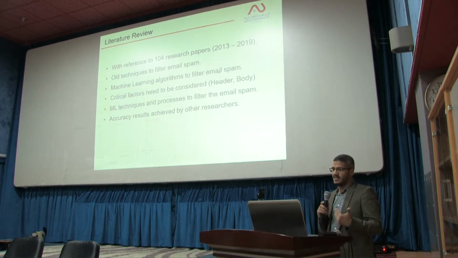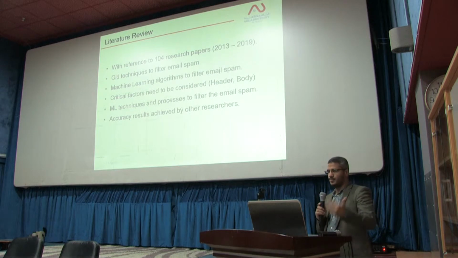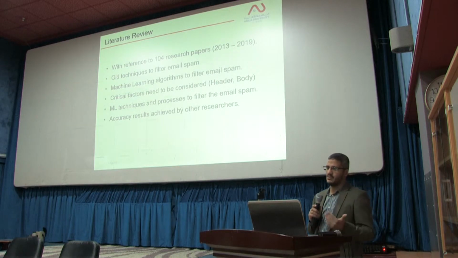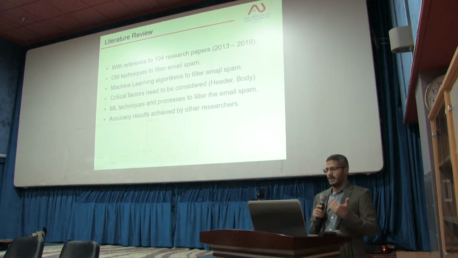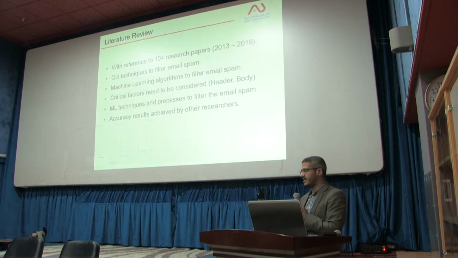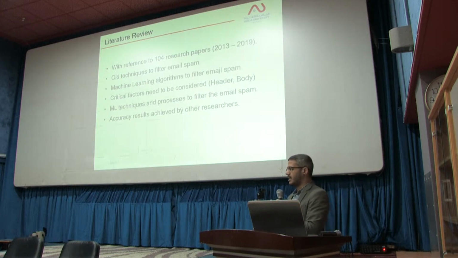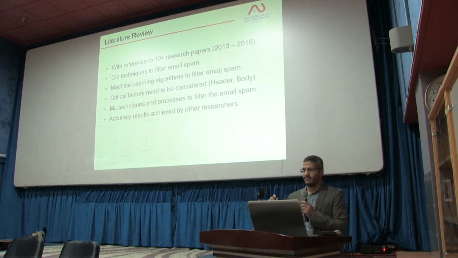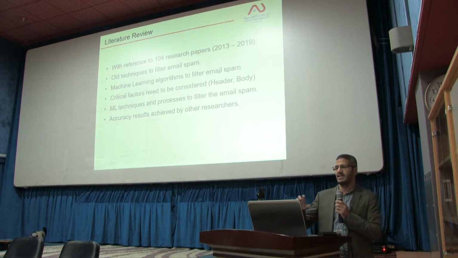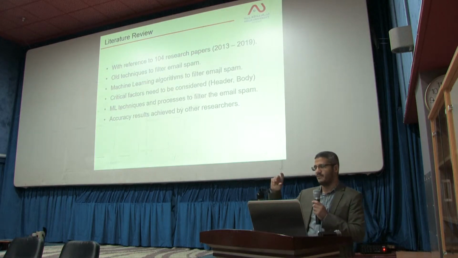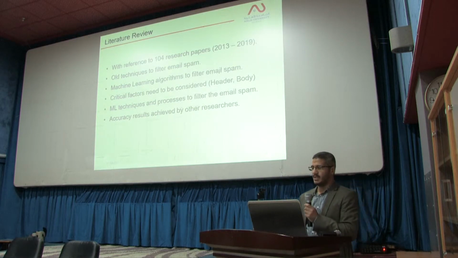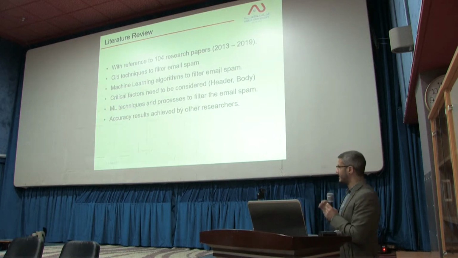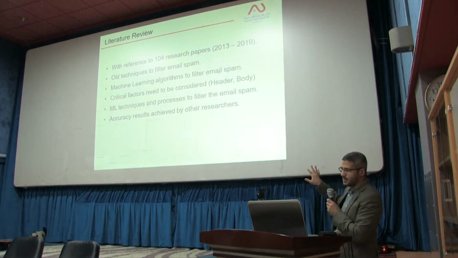So researchers are trying to improve the techniques used by machine learning. Through the research, I discovered that there are researchers who filter the email only through the header of the email or only the body of the email. So in my research, I have included both of them.